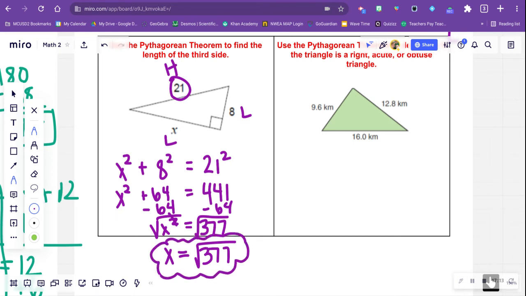Okay, so identify that hypotenuse. Make sure you get it by itself on the one side. And then you may subtract and root it, or you may add and root it, just depending again on what is given. But it's always going to be those 2 steps to solve. Always remember to square root at the end. That's always what gets left out.